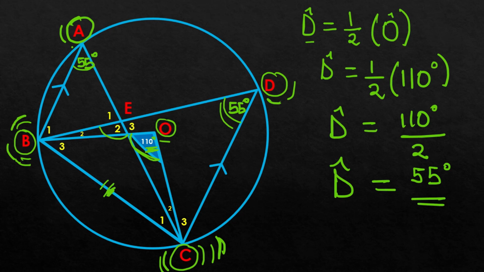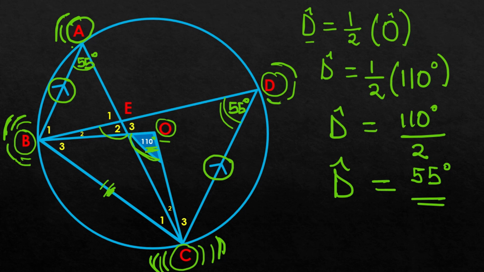So another thing that you're going to notice here are these marks that we have here, and also this one. So these marks are only indicating that line BA is parallel to line CD.